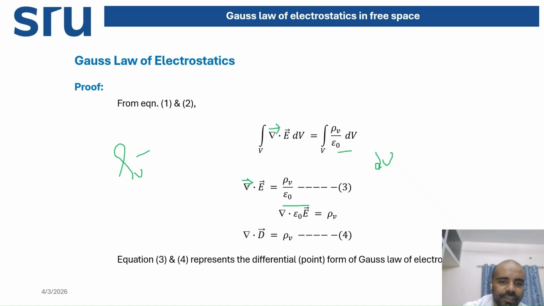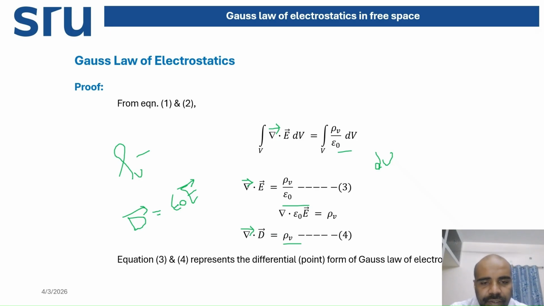Or divergence D equal to rho suffix v. You know that for vacuum, D is equal to epsilon naught into E. We have discussed this formula. Both are vectors: D is equal to epsilon naught E. So electric flux density is equal to epsilon naught, the permittivity of free space, times the electric field.